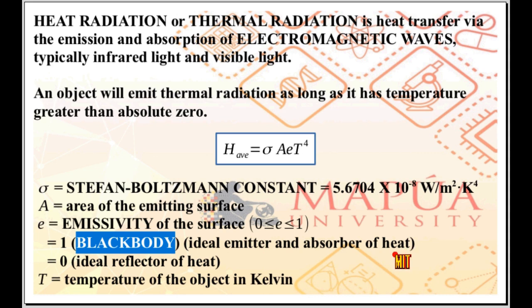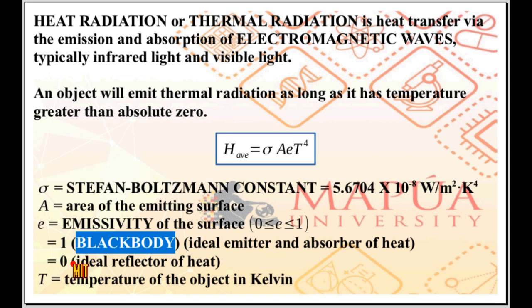So it doesn't matter what wavelength of infrared light or what wavelength of visible light is being emitted or absorbed. As long as it is infrared light or visible light, the object will either emit or absorb the thermal radiation.